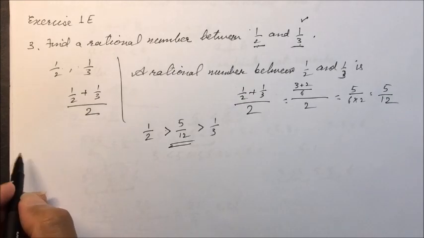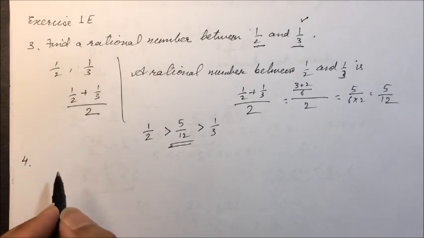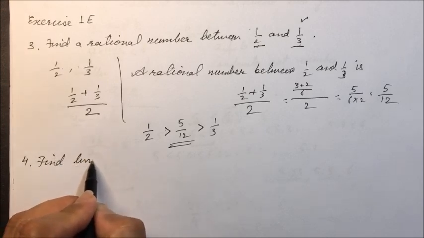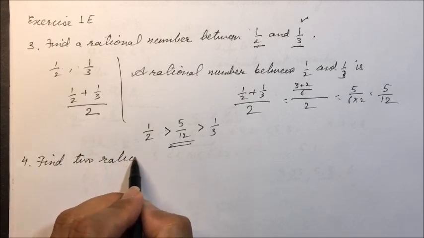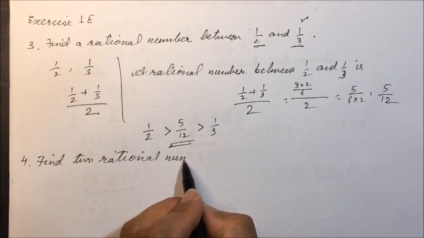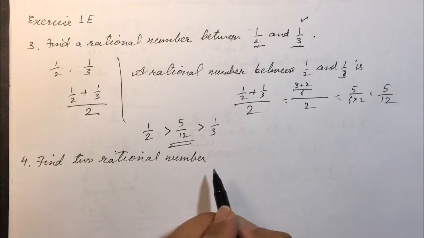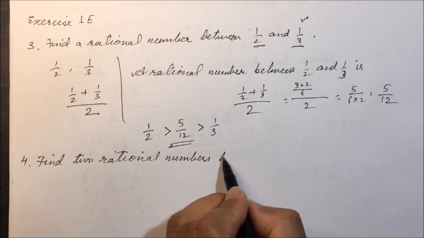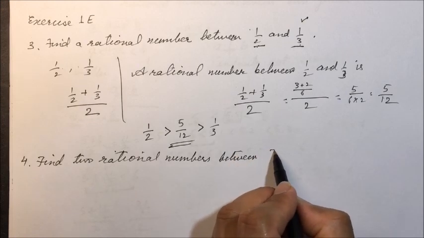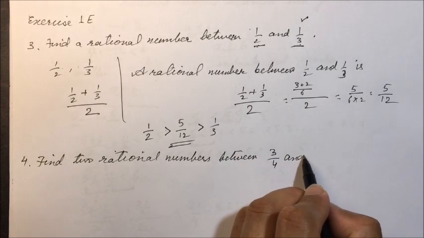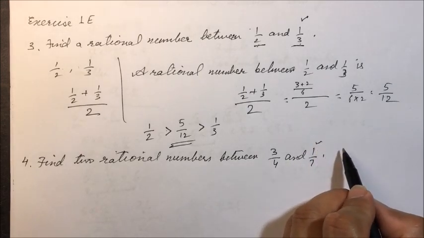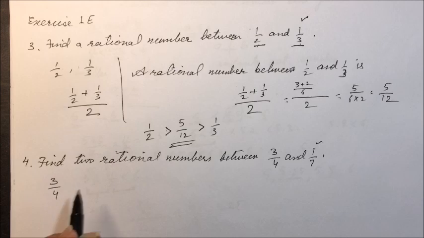Now the fourth question. We have to insert two rational numbers. Find two rational numbers between 3 by 4 and 1 by 7. Here the smaller number is 1 by 7, and 3 by 4 is the larger number.